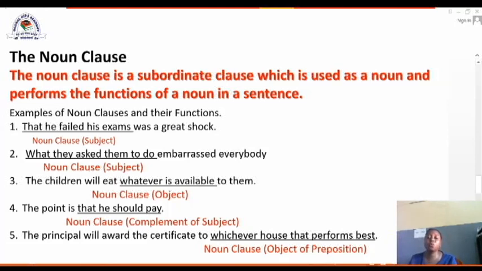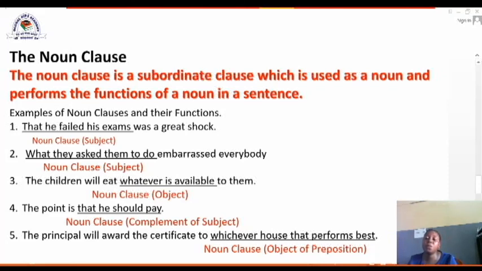The children will eat whatever is available to them. It's also a noun clause contained in that sentence, whatever is available to them, and it functions as object of the verb will eat. Sentence 4 has the point is that he should pay. That he should pay is a noun clause and it functions as complement of the subject.